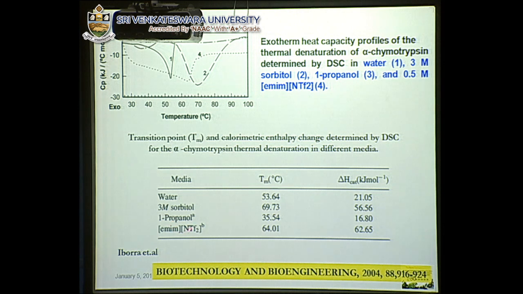In the presence of the ionic liquid, the protection is up to 64.01 degrees Celsius. If you compare these four solvents, the ionic liquid is a strong stabilizer, because here they used 0.5 molar ionic liquid concentration, whereas in the sorbitol case, they took 3 molar sorbitol concentration. This concludes that the ionic liquid is a strong stabilizer for alpha chymotrypsin.